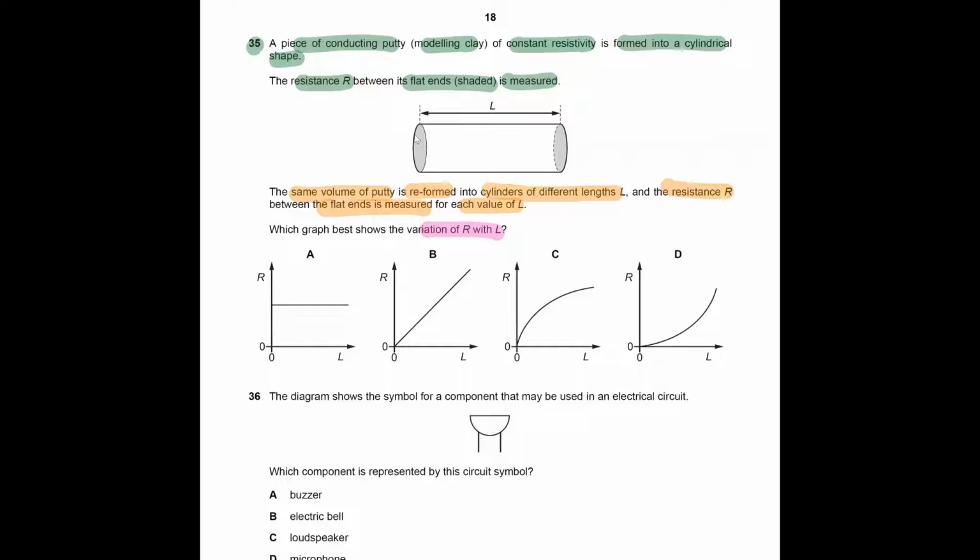Certain things to note here is that they mention you have constant resistivity. And the same volume of putty is being reformed into cylinders of different lengths and different resistances.